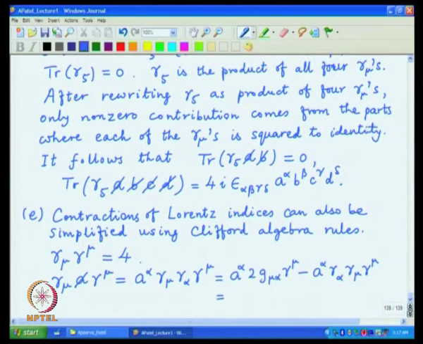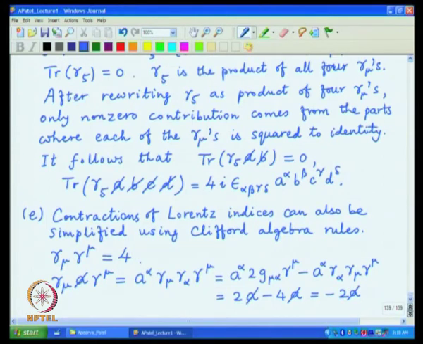The G here just contracts the indices between A and gamma. So, we have the usual A slash. Here gamma mu contracted becomes 4, and the first part is again A slash. The final result is minus 2 times A slash.